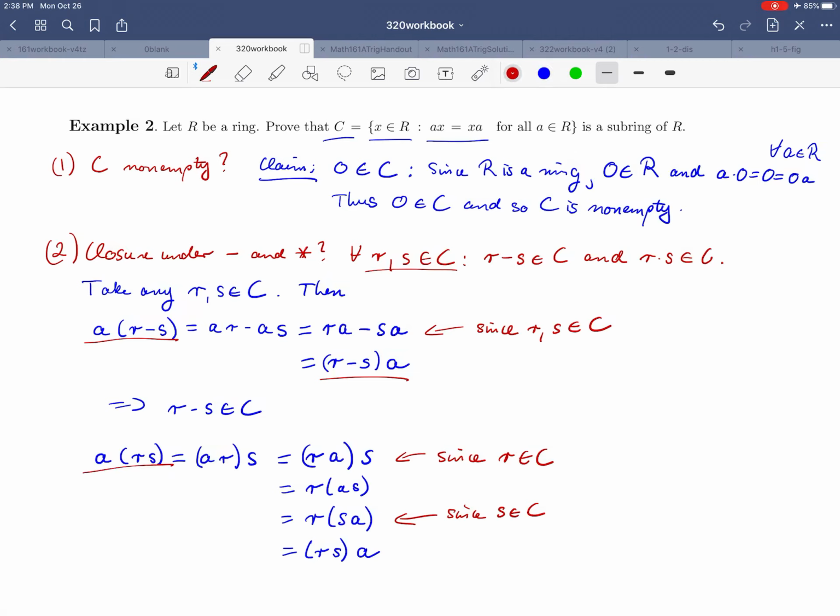So we have A times R times S is equal to R times S times A. So R times S commutes with A, and that means that R times S is an element in C. So we did it. Last sentence. By the subring test, C is a subring of R.